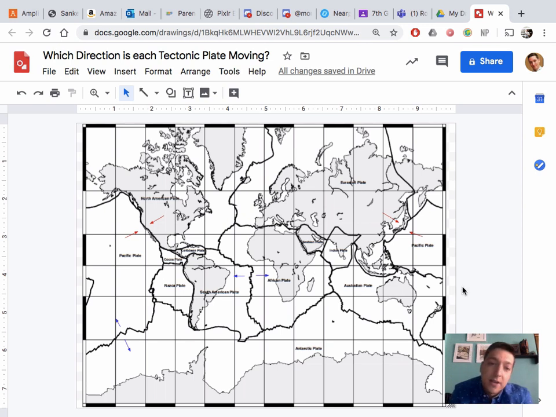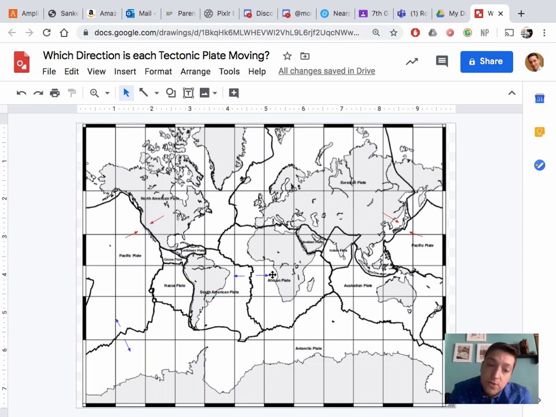You're going to have to go back and look at some of your old data. After you do most of the map, every single boundary should have either convergent, divergent, or transform arrows. So first look at the volcanoes and fill in as many convergent boundaries as you can.